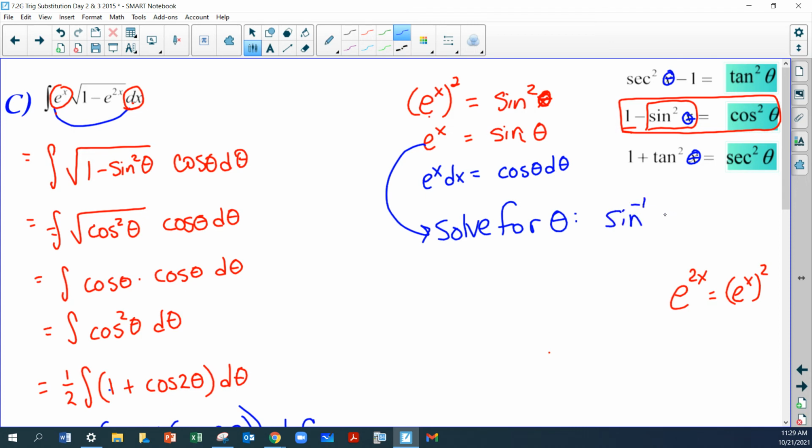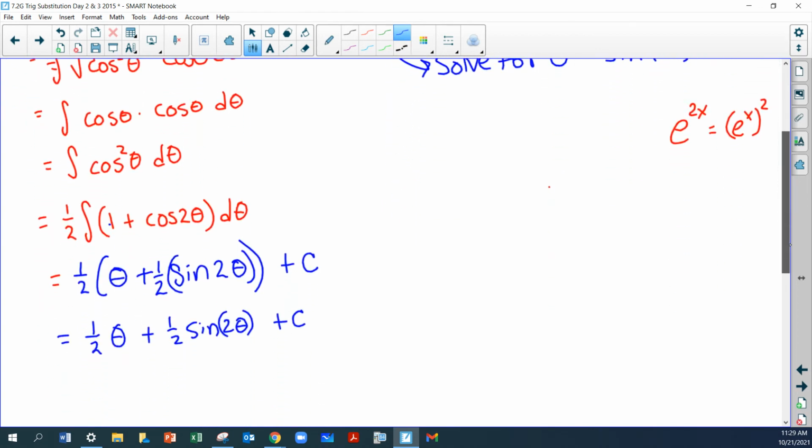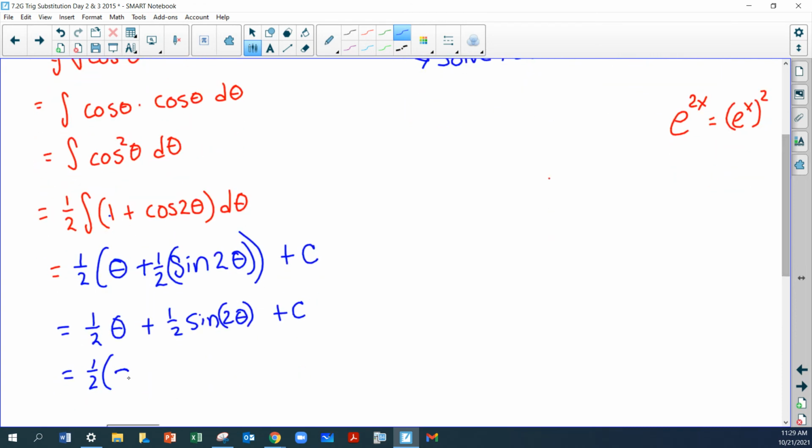So sine inverse of e to the x equals theta. Beautiful. Now, what about the 2 theta business? Okay, so we got 1/2 sine inverse of e to the x. Oops, not e times x.